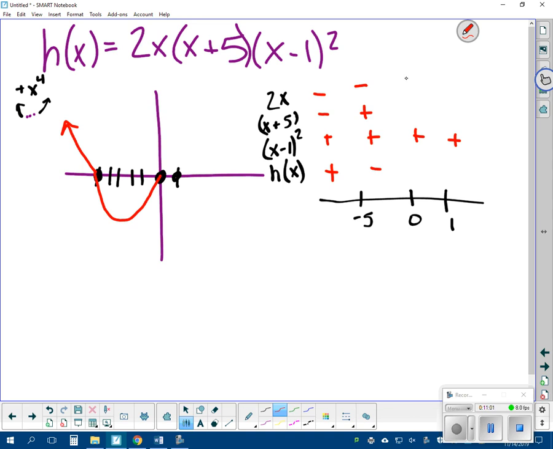Next one, positive, positive, which is going to result in a positive. So I am above the x-axis for that interval, but of course I've got to come back down to the root. Now, I should know because my 1 has a multiplicity of 2 that I'm going to have to come back up, right? I'm not going to cross it, I'm only touching it.